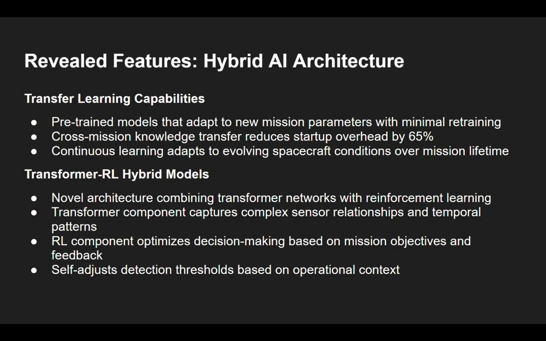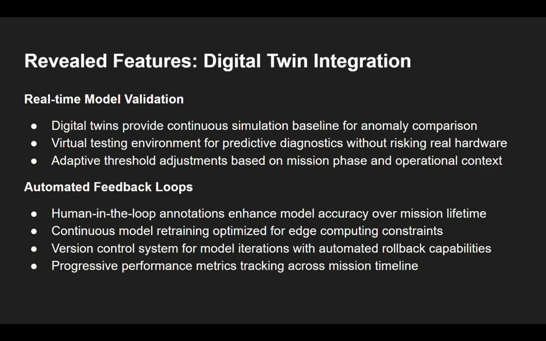What makes this approach powerful is its transfer learning capability. The system can be pre-trained on historical mission data and then quickly adapt to new mission patterns with minimal retraining. As the mission progresses, the model continuously learns and evolves, adjusting detection thresholds based on the operational context. This hybrid approach allows us to detect subtle anomalies that might escape traditional rule-based systems.